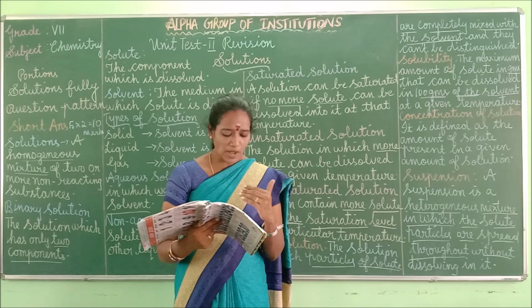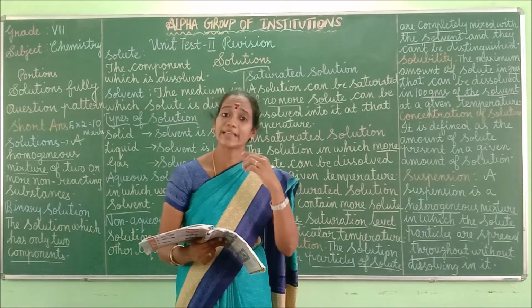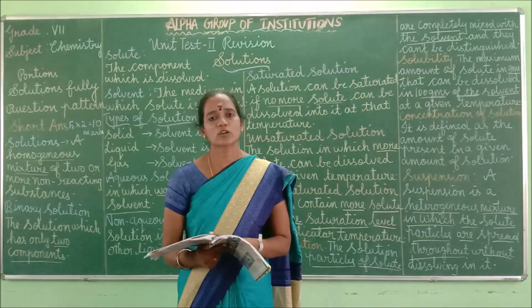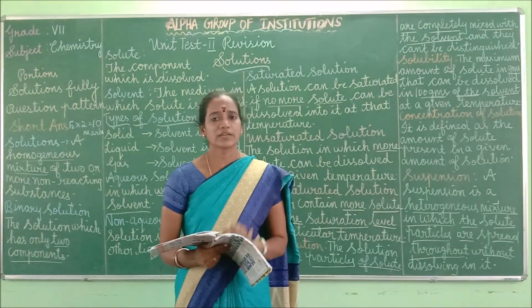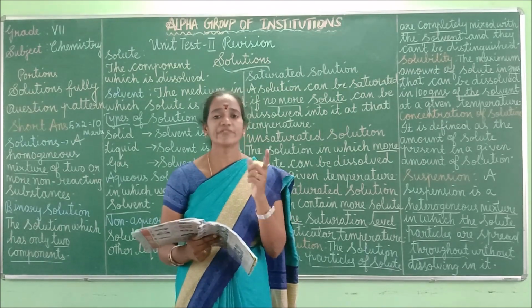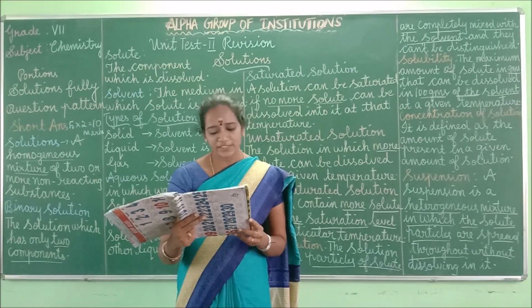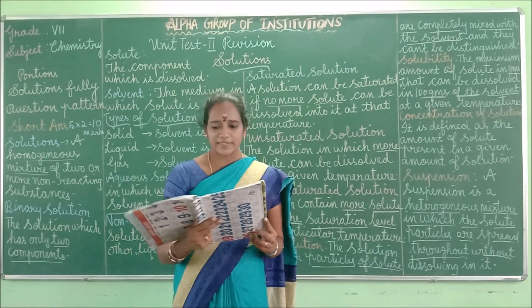Whereas the mass of the solute dissolved in 100 ml of the solution is called the volume percentage. ml means volume, whereas grams means mass. That difference you should learn. So you have to learn the mass percentage as well as volume percentage.